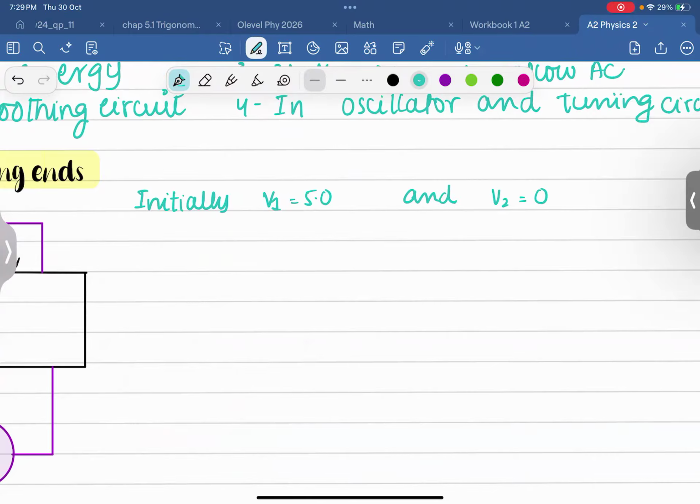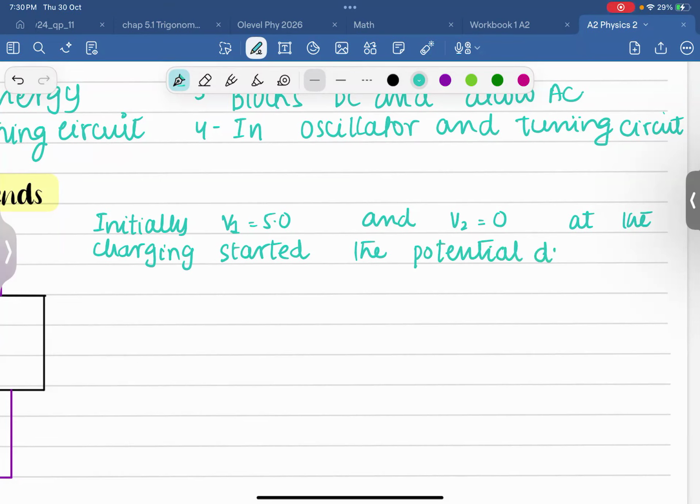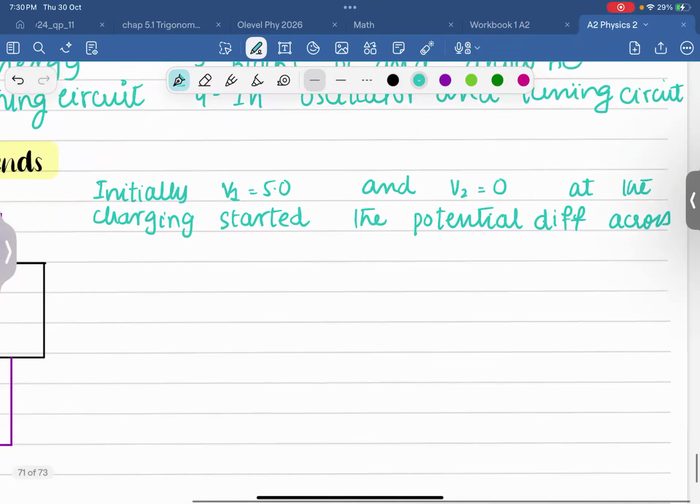Then, as the charging started, the potential difference across the capacitor increases from 0.